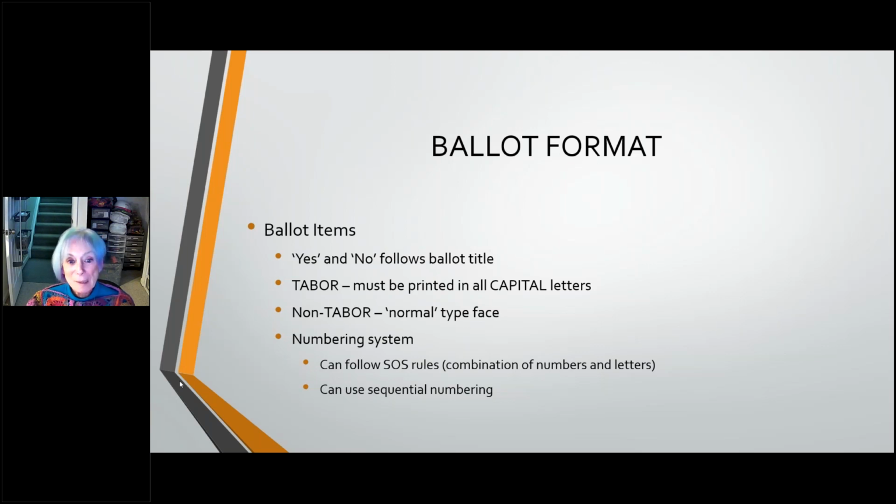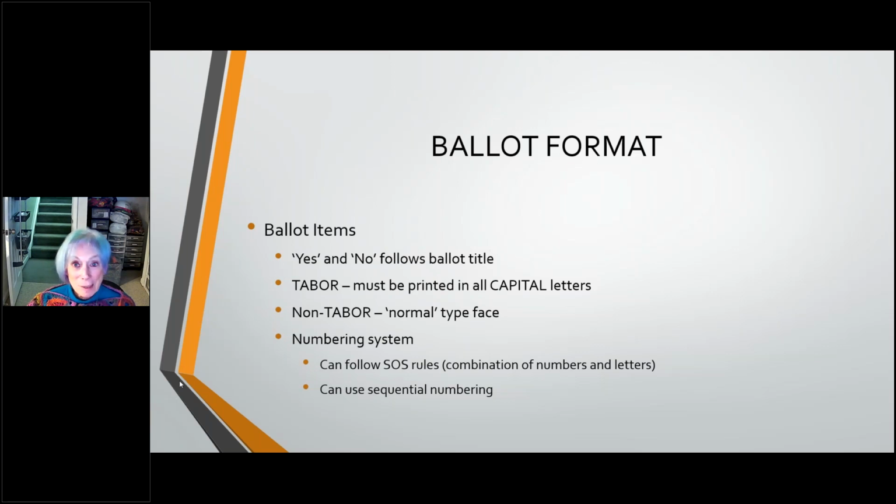And the numbering system for ballot items, you can pretty much do what you want. It's your responsibility to number the ballot items. You can either follow the Secretary of State rules, which I believe, if it's citizen-driven, is a number like 300, and if it's put on the ballot by a governing body, I believe it's 3A.